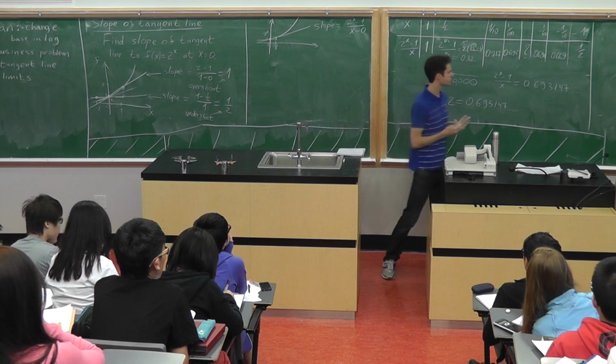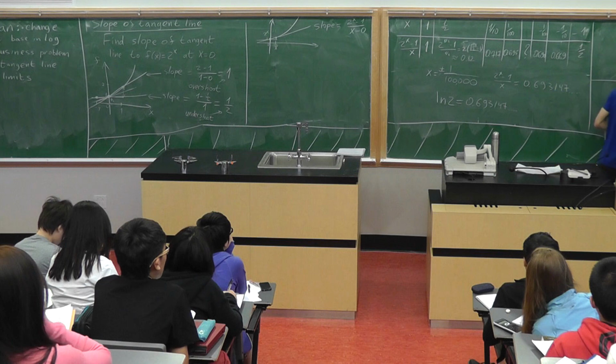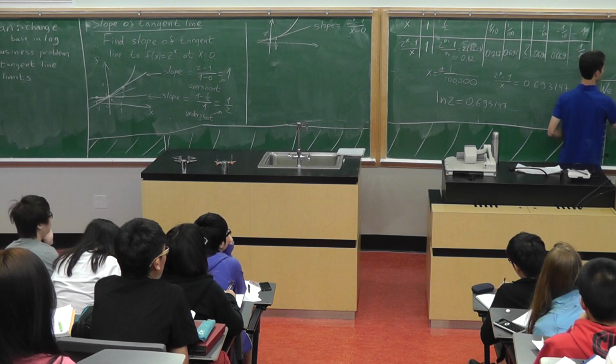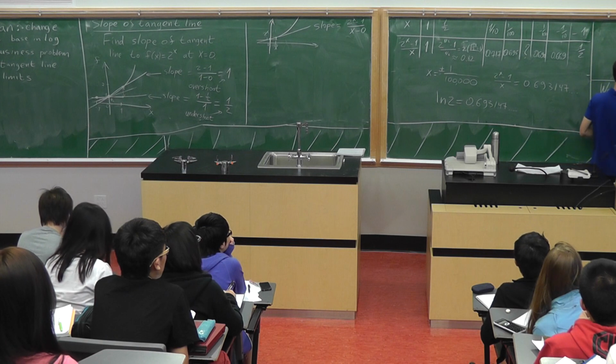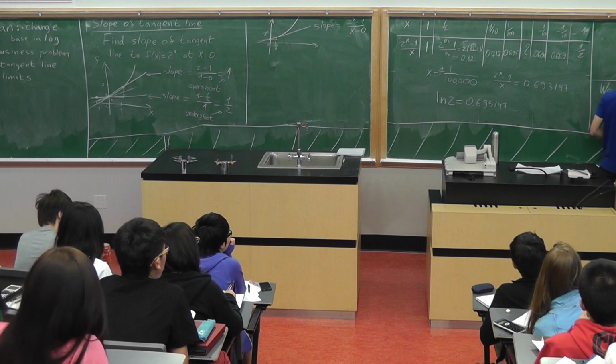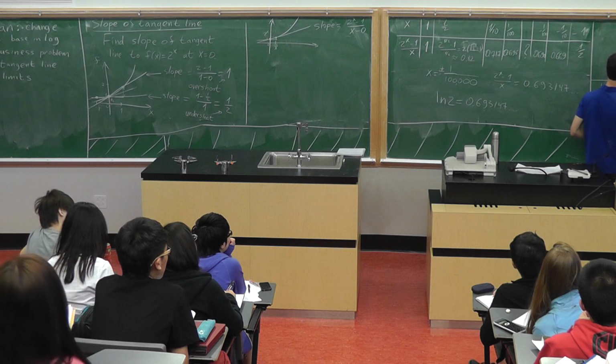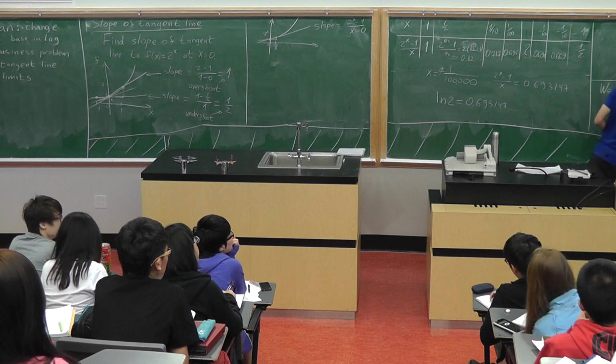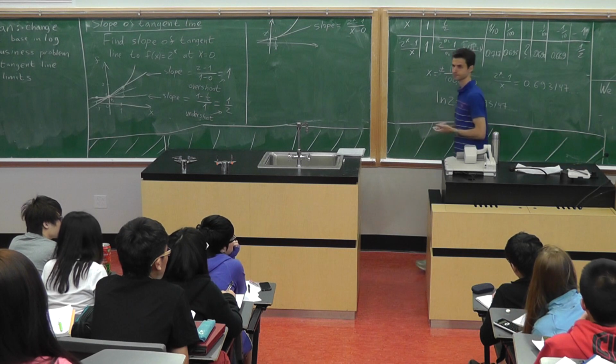The way we express this idea is limit. We say that the limit of (2 to the power x minus 1) divided by x as x tends to 0 is this number, ln of 2.